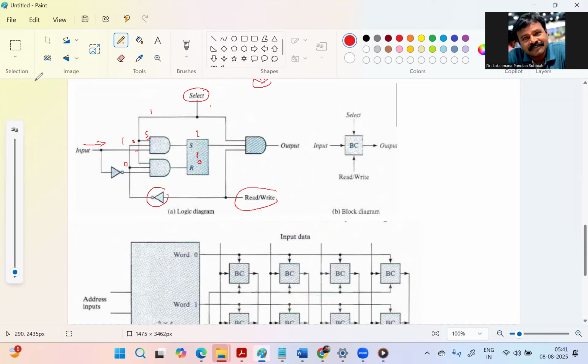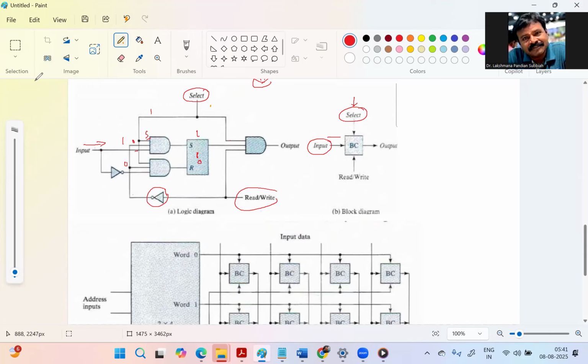So here we have the SR latch. For reading, we give the read and write control, and then the output gives us the data. In the memory cell, you have the select line, and the select line is the address.